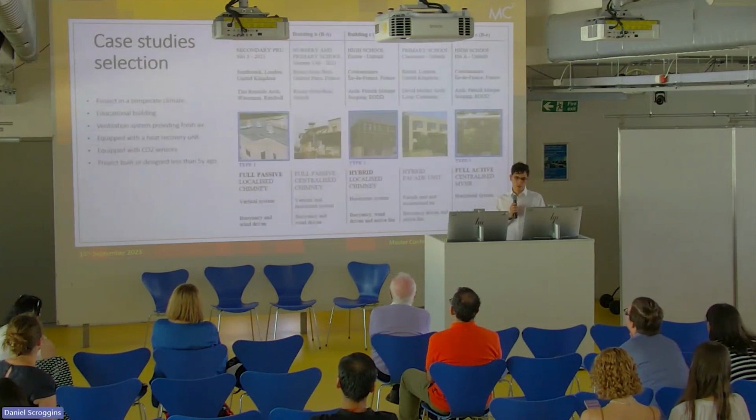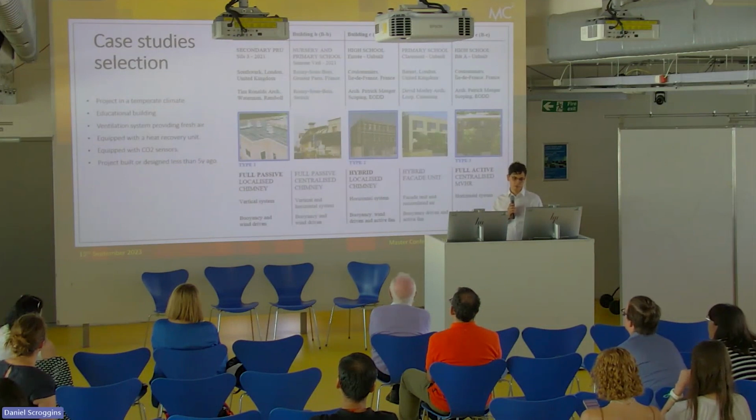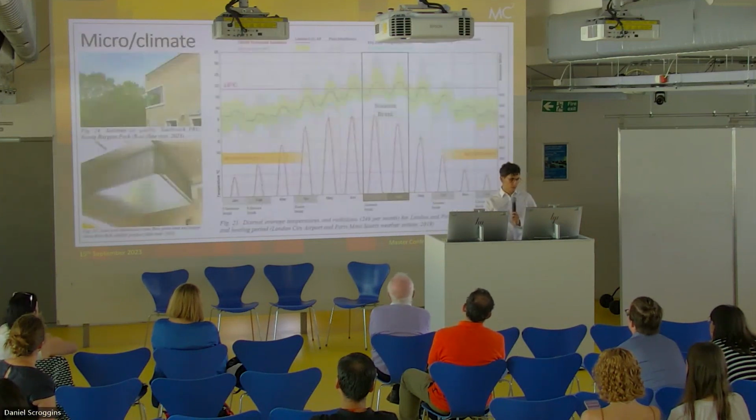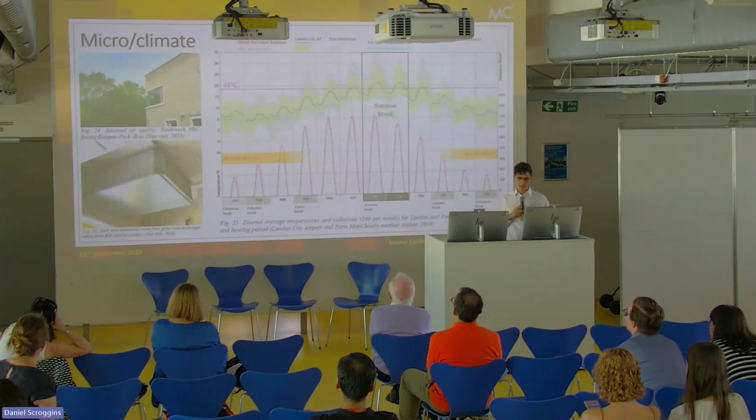Interviews were conducted with a design team of 5 recent schools around London and Paris, and 3 of them were selected for the carbon assessment: full passive, hybrid, and a full active system. It's interesting to know that school occupancy is really important.